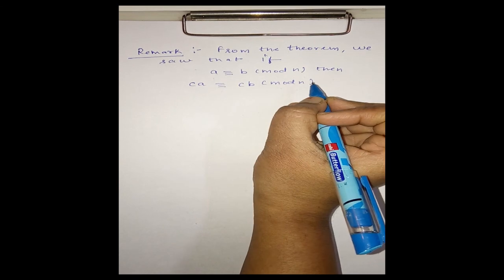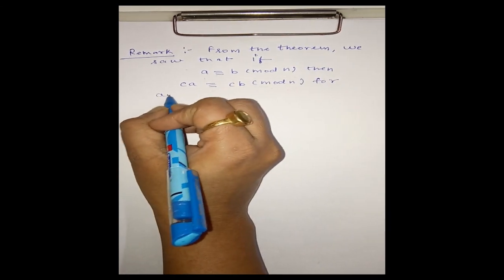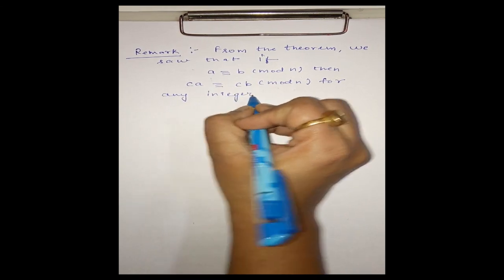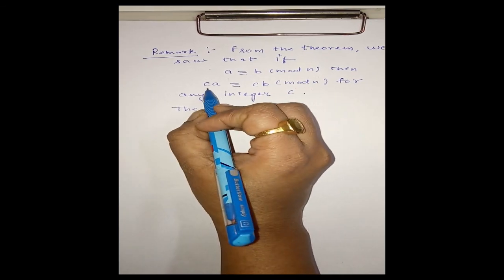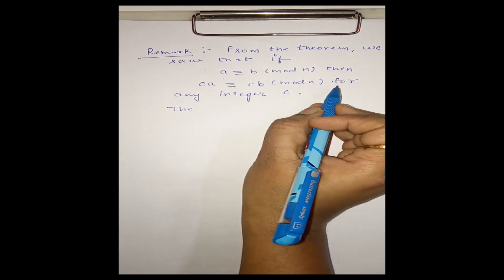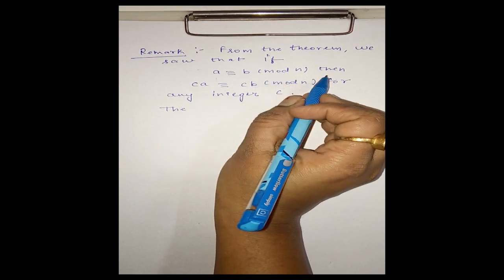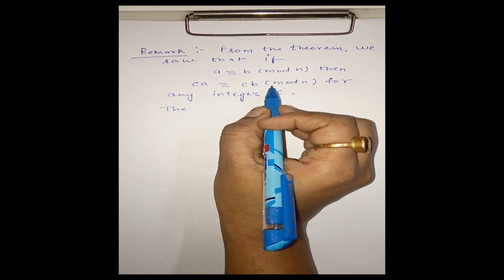We have proved this result for any integer C. The converse, however, means CA congruent to CB modulo n does not imply A congruent to B modulo n. That means the cancellation law does not hold in congruence.